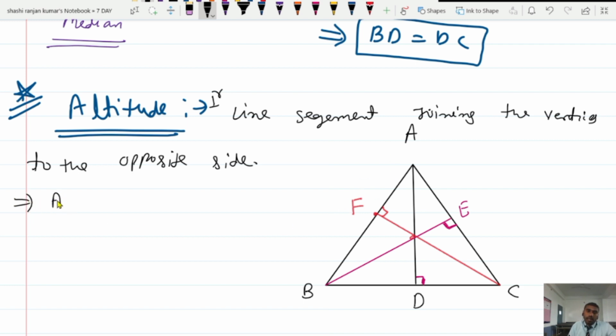In this diagram, AD is an altitude of triangle ABC.